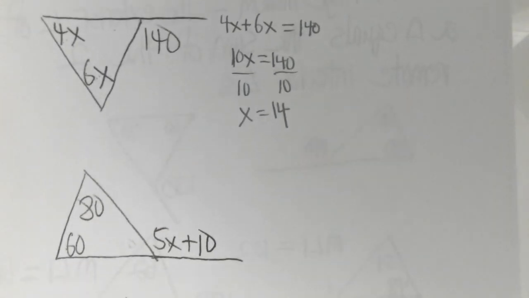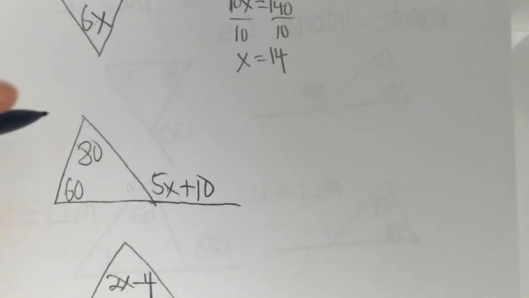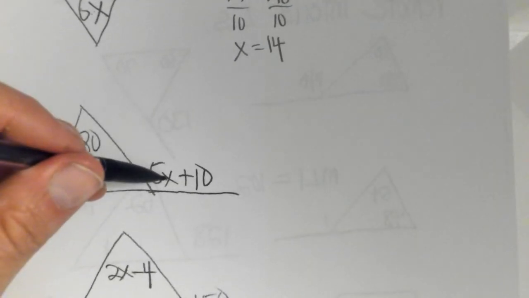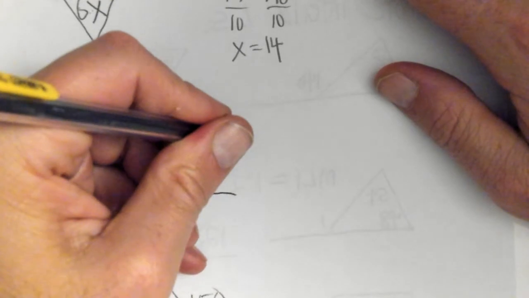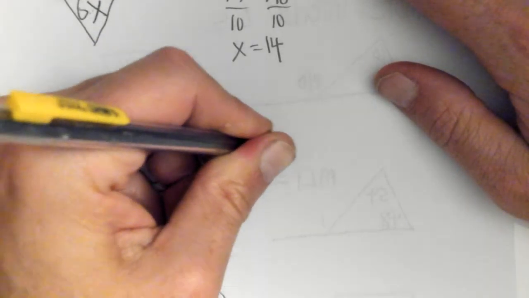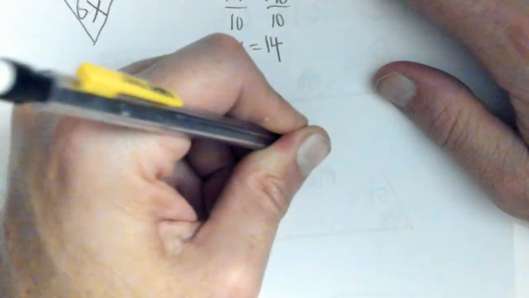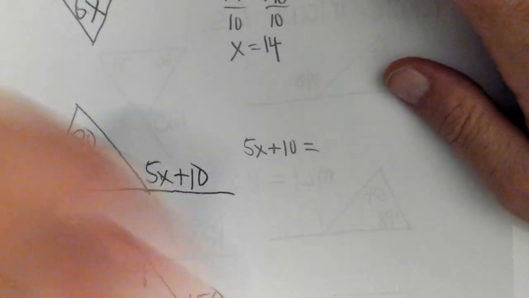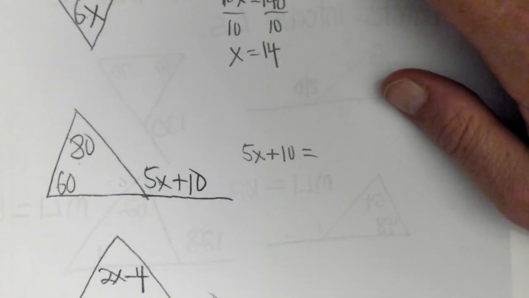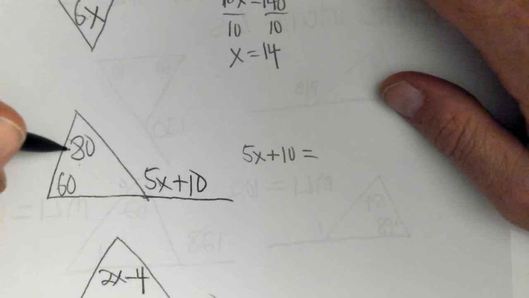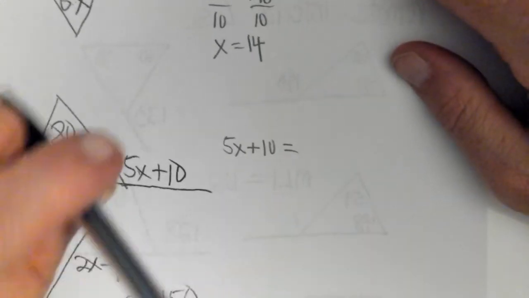And let's see here. Next problem now looks like this. Okay, so my exterior angle, 5x plus 10, it should be equal now to the sum of the remote interiors, which is those two. And so 80 plus 60, that's going to add up to 140.